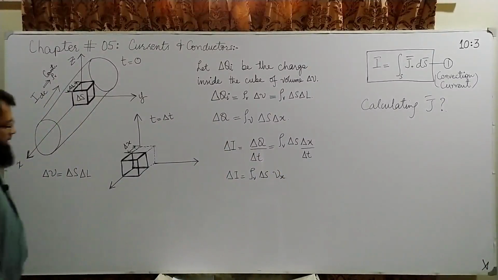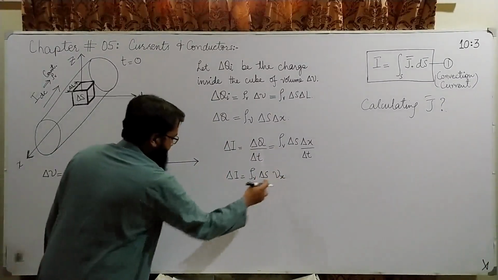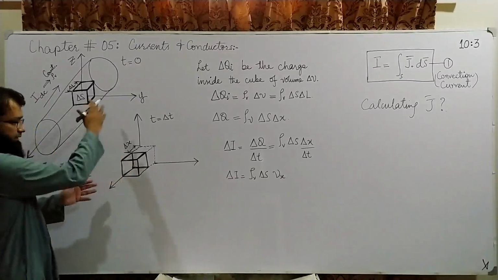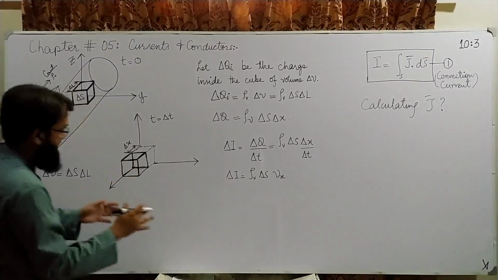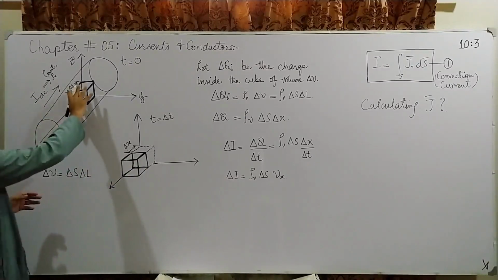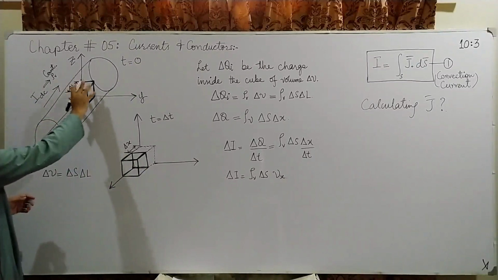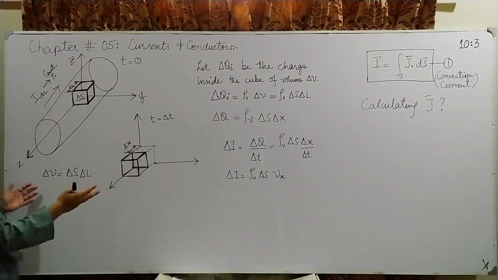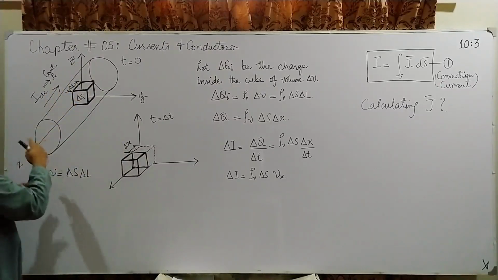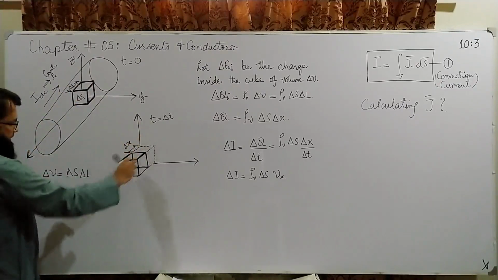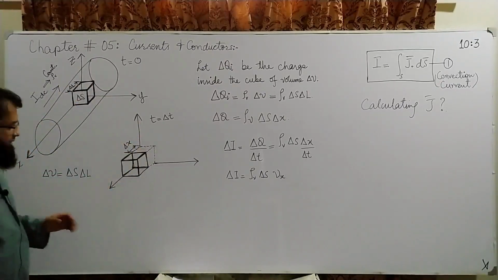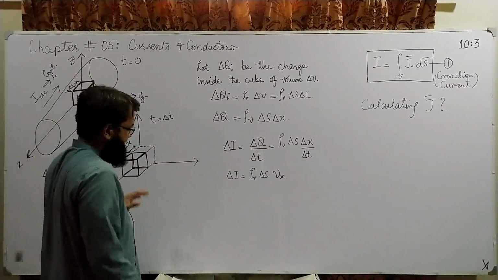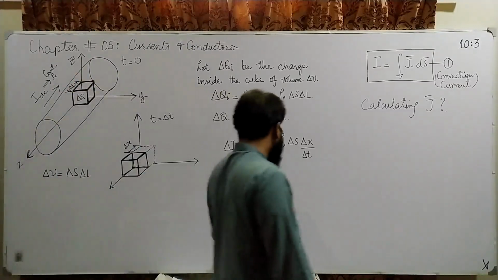All right, and by the way, this velocity of the box is the same velocity with which the charges were moving, because as we said, either keep that box in its place and let the charges move with their normal velocity, which is Vx in this case, or pause all the charges and move the box. So the velocity of the box or the velocity of the charges are the same, given by Vx.